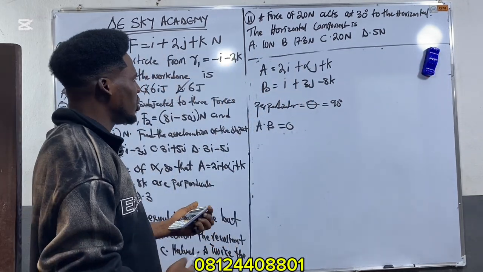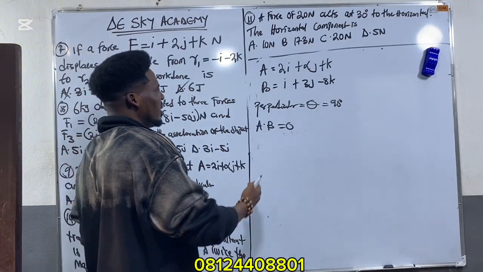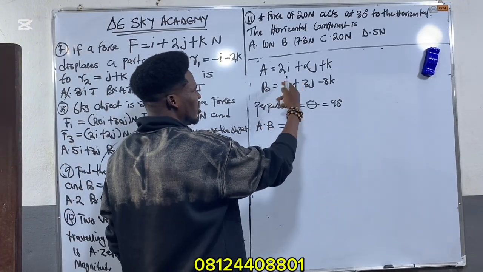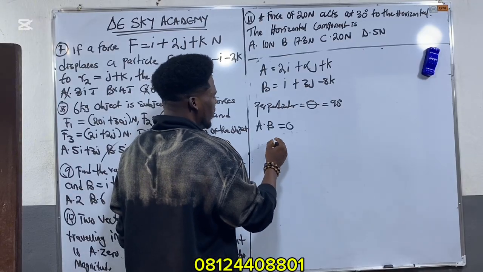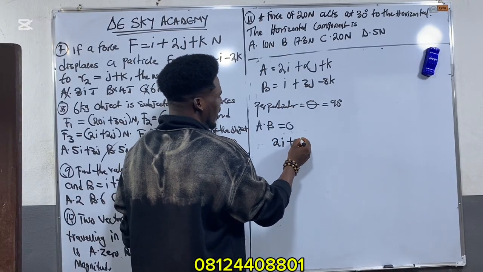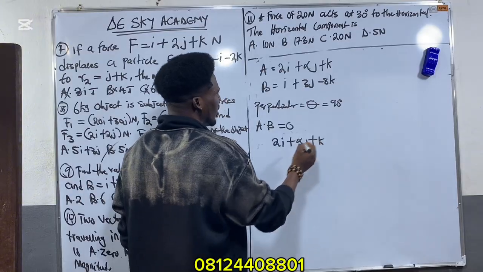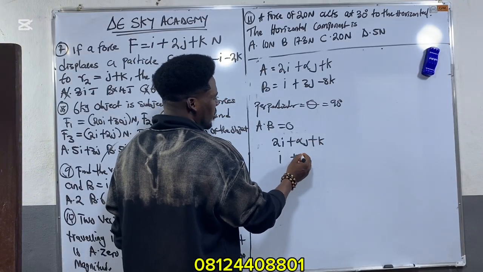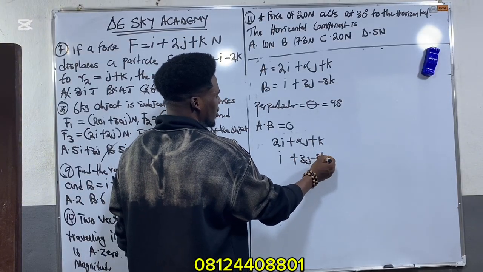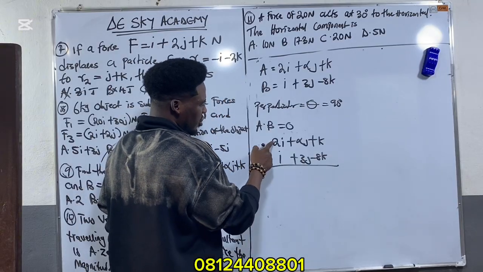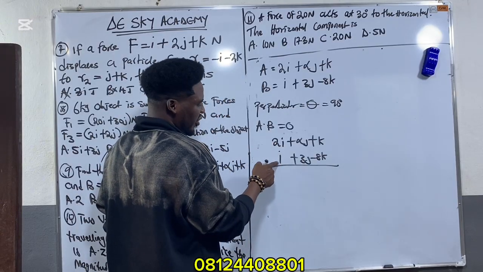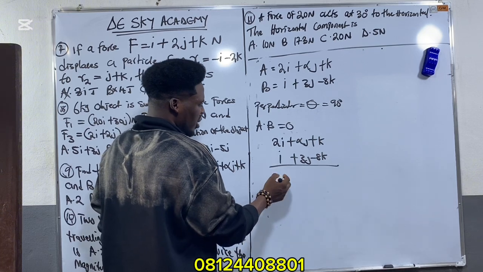So if it is equal to 0, I will have to find the dot product between A and B. So I have 2i plus alpha j plus k, then i plus 3j minus 8k. The coefficient of i here is 2, and the coefficient of i here is 1. 2 times 1 is plus 2.